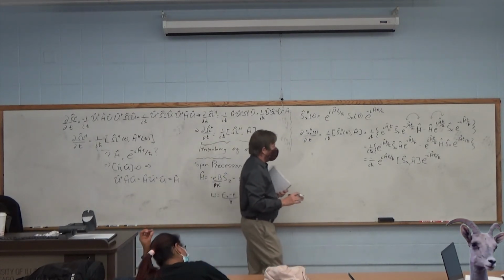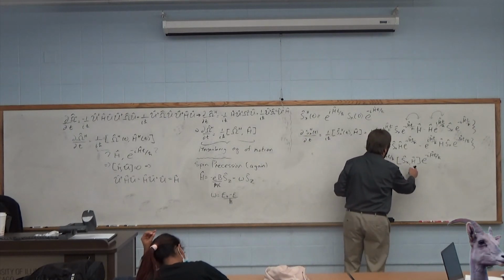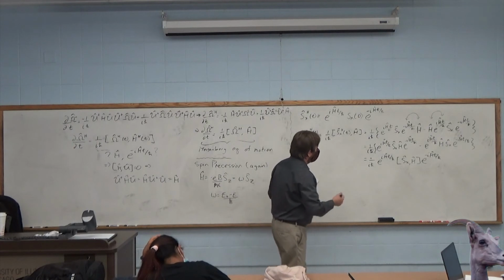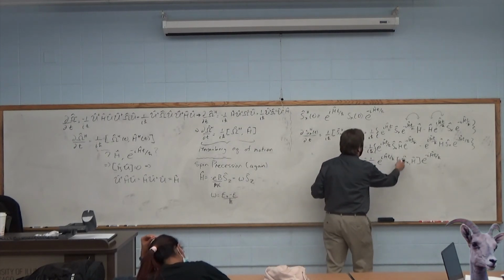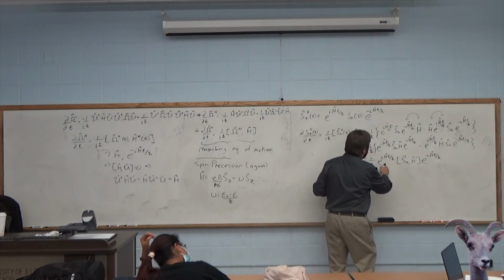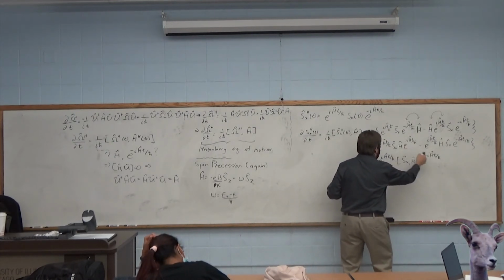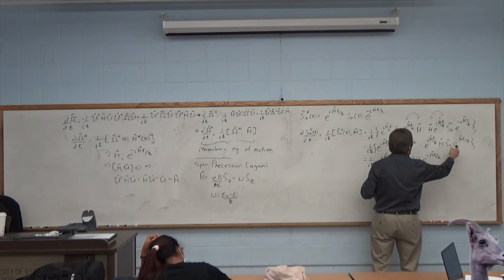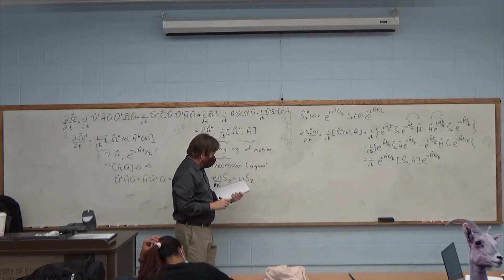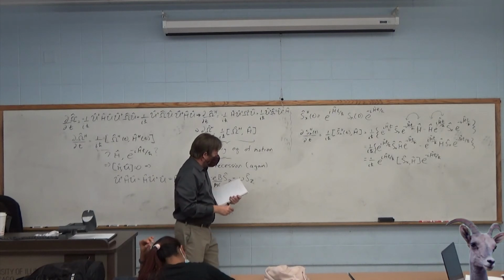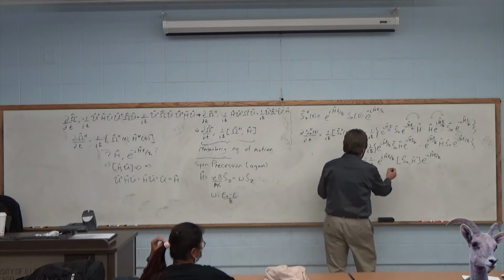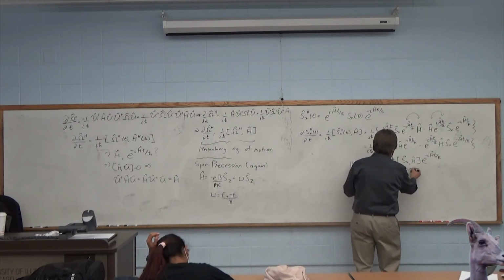This is just algebra. If you write this out, you'll see that this and that are the same thing. This is here, this is there. So everything's actually taken into account. Okay, now what? Let's look at this.